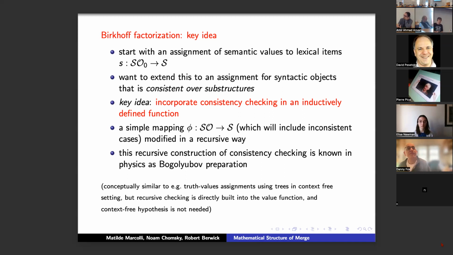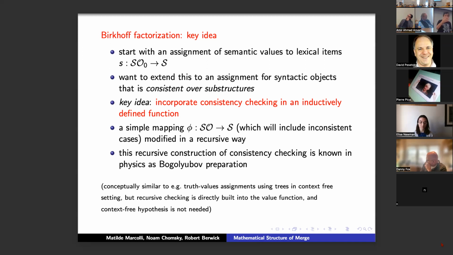That's okay. So you have something like this, and then you want to try to extend this to an assignment to more structured objects than just the lexical items. You want to construct the map, extend this map, so it's going to be what it is on the lexical item.